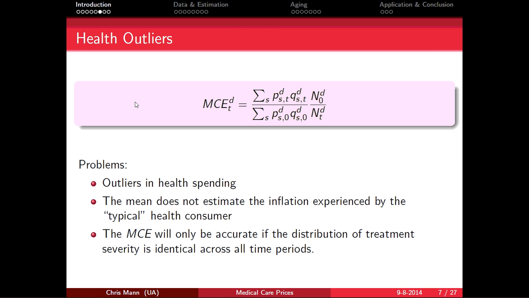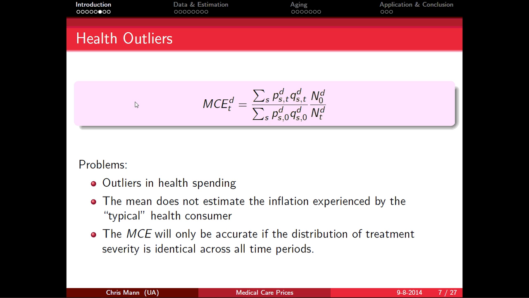So if you look a little bit more closely at this formula for the MCE, then one thing that we should realize is that there are a lot of outliers in healthcare spending. For instance, in the data set that I'm using here, the average expenditure on a treatment is actually 4 times greater than the median expenditure on the treatment. So, for instance, even if you look at a very specific treatment, like a heart attack, right?